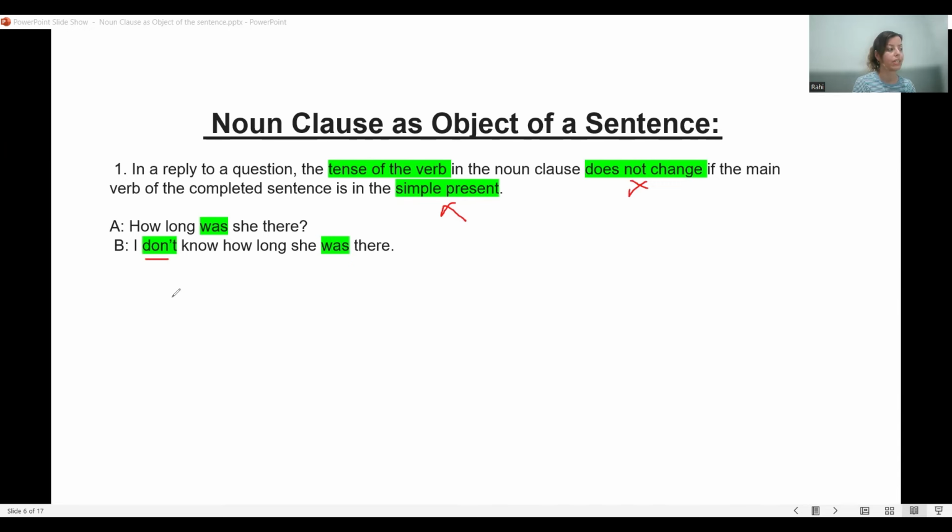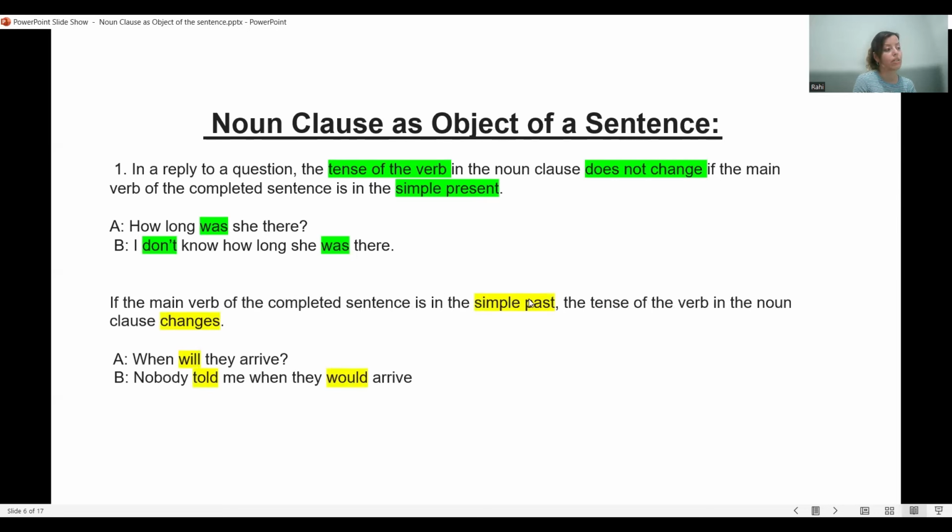Don't is simple present, right? In the question that we wanted to use, we have how long was she there? I don't know how long she was there. We do not change this verb because the verb in the main clause is in simple present tense. But sometimes we have simple past in the main clause, right?